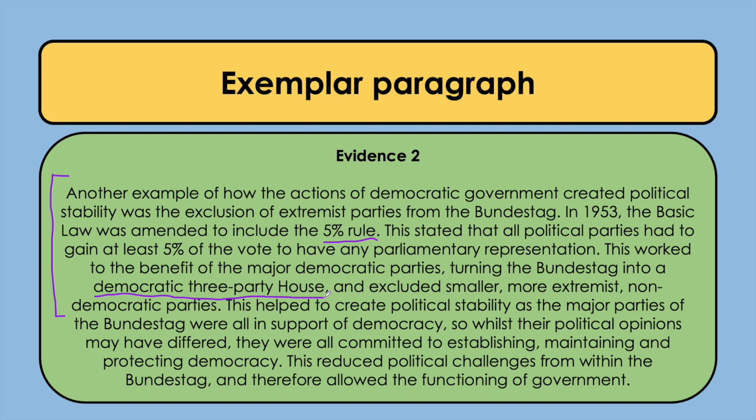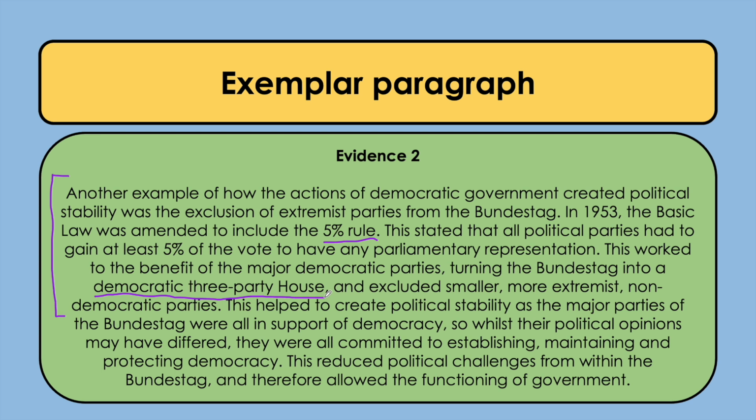So that's my evidence for this, my examples for this particular piece of evidence. So I've made reference to a change to the Basic Law, the 5% rule, and I have explained what that is, which showcases again to the examiner that I have got that knowledge and understanding.